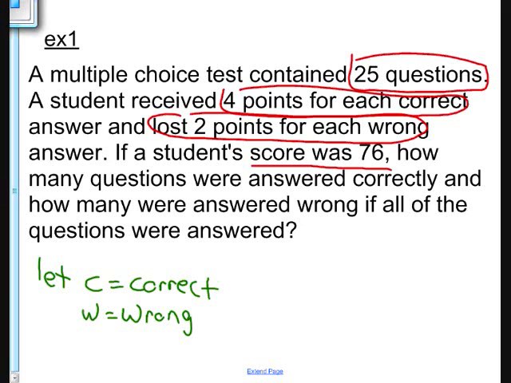So when I start to make my equations, I know there were 25 questions, and we're going to assume the student answered them all. So the number of correct answers plus the number of wrong answers equals 25. How many points do they get for a correct answer? 4.